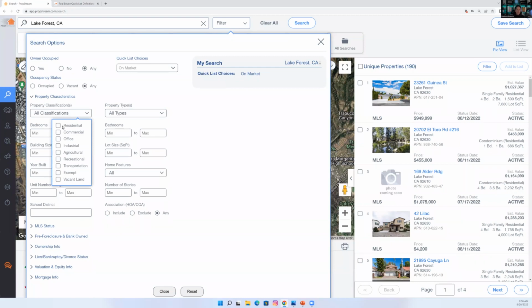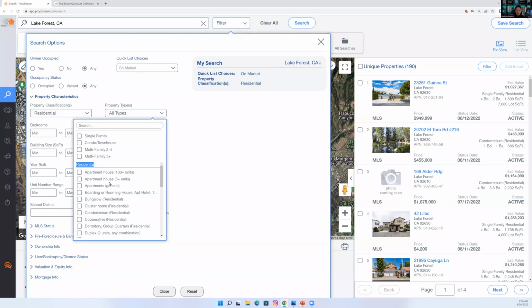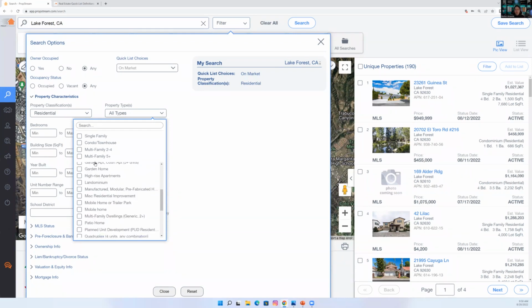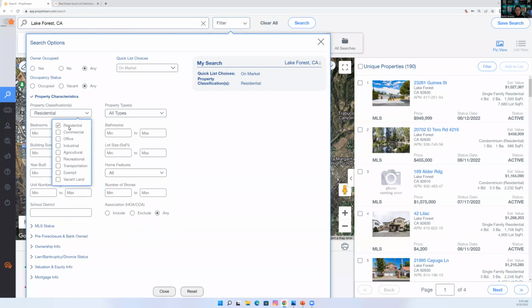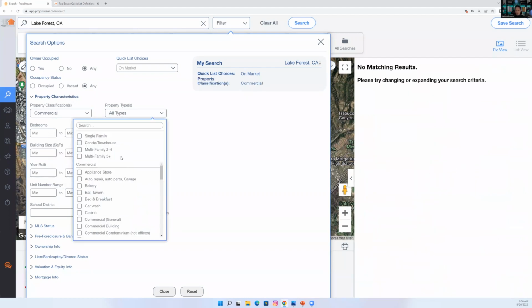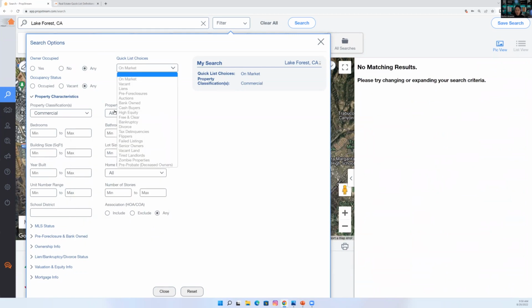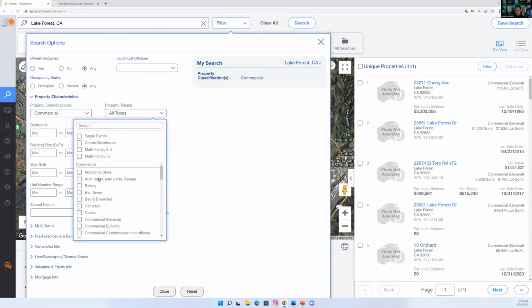If I choose residential, then when I go to property types, I'll have all residential options, like apartment houses, mobile homes. If I choose commercial, then I will also have commercial options. Let me remove on market here. So commercial, and then I will have appliance, auto repair, and so on. So you can check them off.